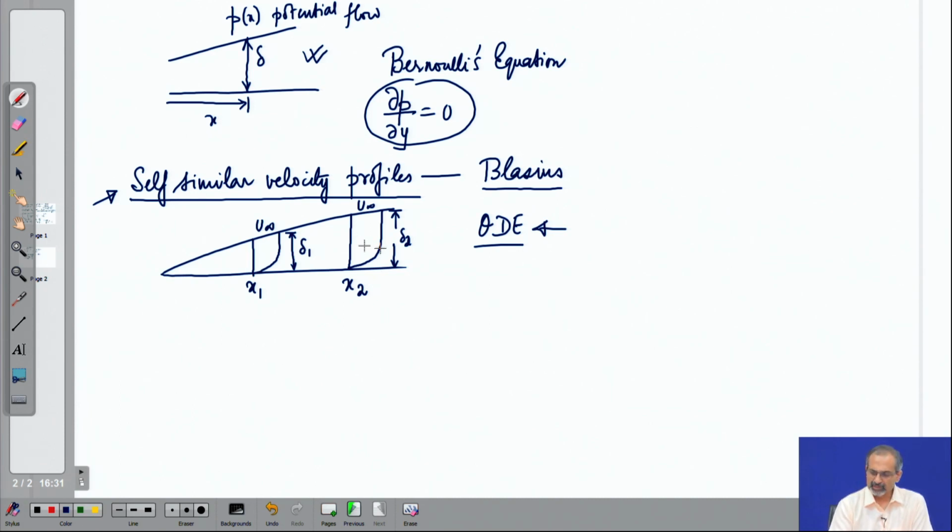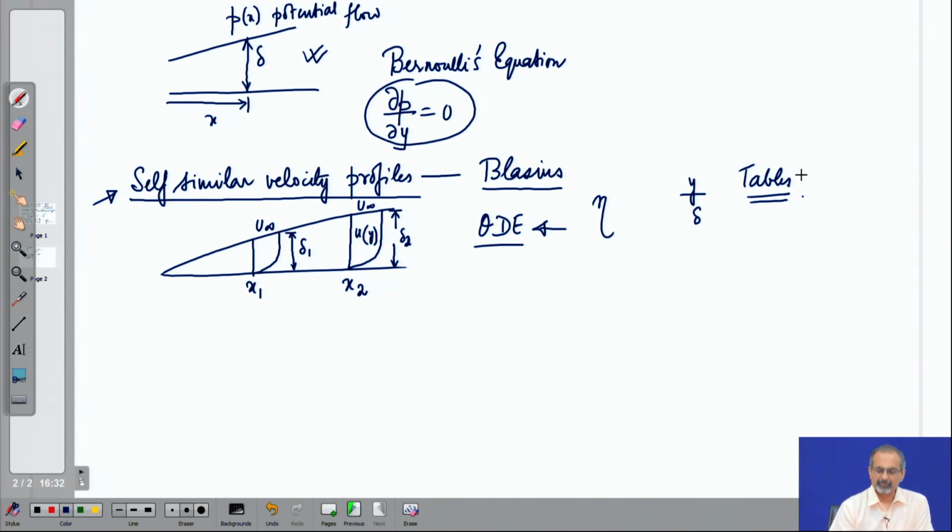We are mostly interested in how u changes as a function of y, and Blasius in the transformed plane solved it as a function of eta, which is nothing but the ratio y by delta. The solutions evolved by Blasius are now available in the form of tables, from where you could read the values and use the Blasius solution for performing boundary layer calculations.